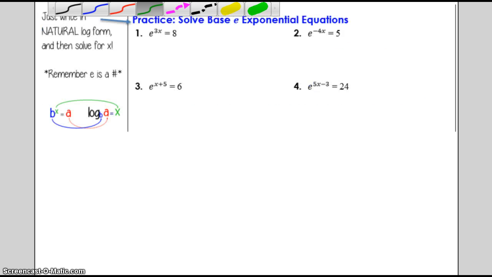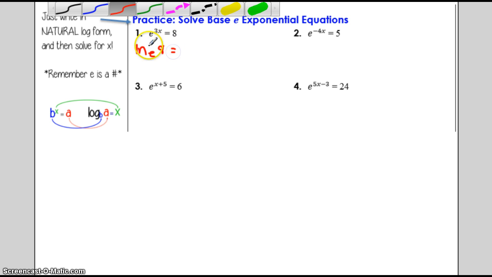All right, so let's take a look at practicing with a base of e. So what do we do here? Well, let's go ahead and rewrite it with our base, and then we're going to solve for our x here. So this is really ln, natural log of e to the 8.